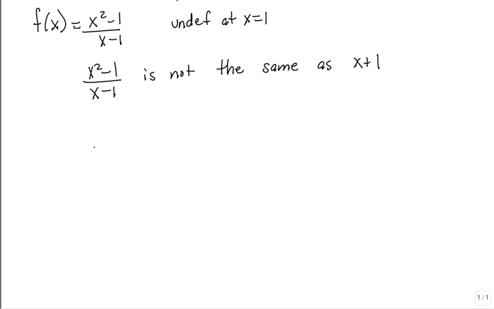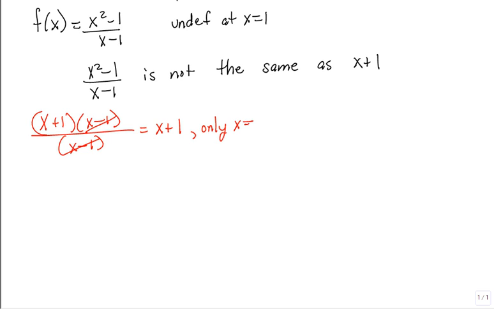Okay, if two functions have different domains, they're not the same function. It might look like it is because when we factor the numerator and divide out, we get x plus 1 only if x is not equal to 1.